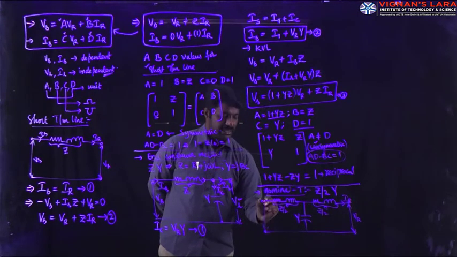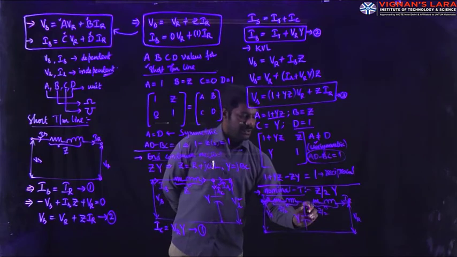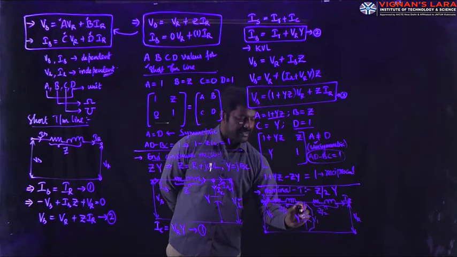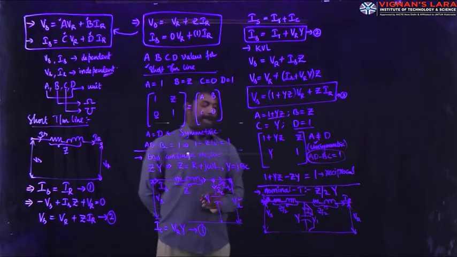The quantities on the ports are VR, IR, VS, IS, and the voltage across the capacitor will be V1, and the current in it will be IC, the capacitive current.